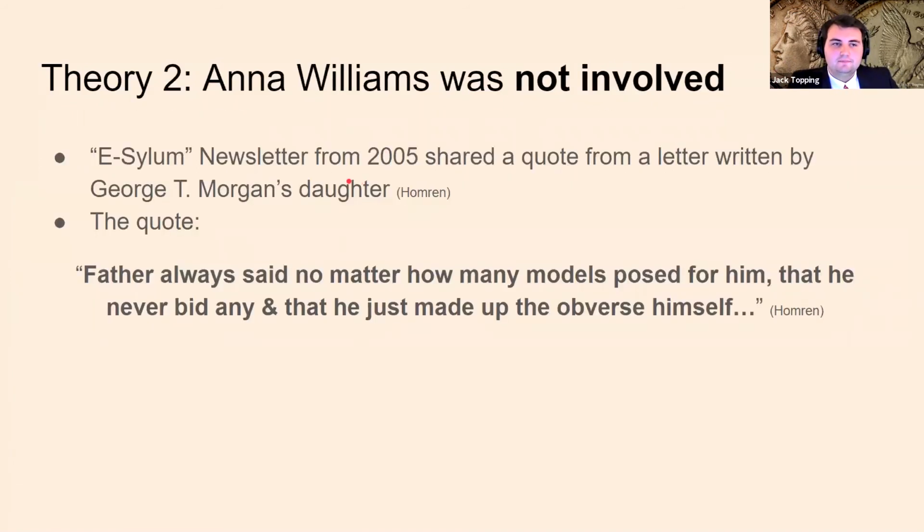The second theory, Anna Williams was not involved. And we learn, thanks to Wayne Homran, who is the editor of the Numismatic Bibliomania Society's E-Sylum newsletter, and in particular the issue from April 28, 2002, that George Morgan's daughter wrote a letter with a very interesting quote saying, quote, Father always said no matter how many models posed for him, that he never used any and that he just made up the obverse himself, end quote.